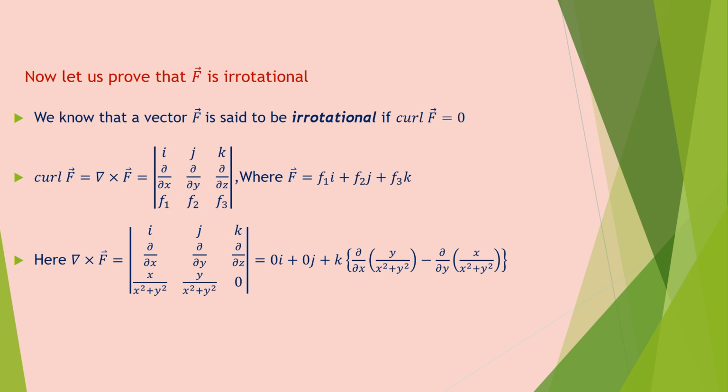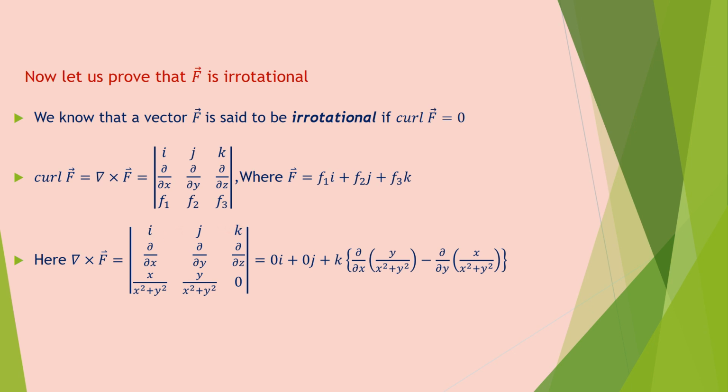Here let us substitute f1, f2, f3. f1 is x/(x² + y²), f2 is y/(x² + y²), f3 is 0. Now to find this determinant, let us expand with respect to the first row.